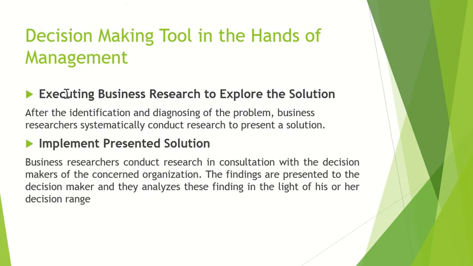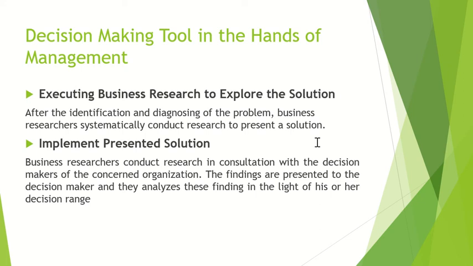Okay, the third step is executing business research to explore the solution. After the identification and diagnosing of the problem, business researchers systematically conduct research to present a solution. Class, the third step of the decision making tool in the hands of management is executing business research to explore the solution.